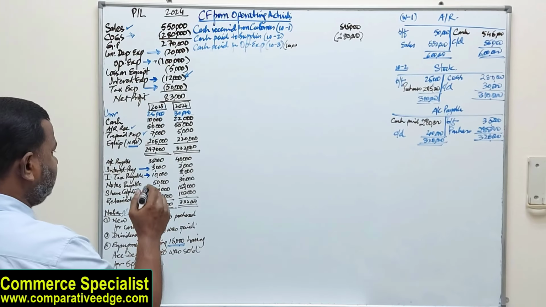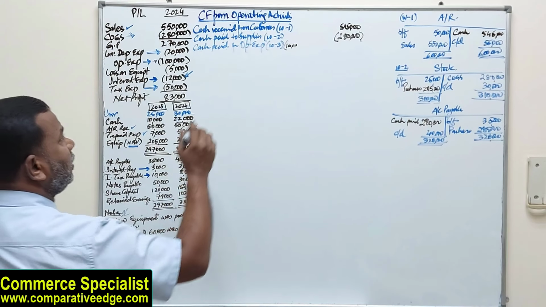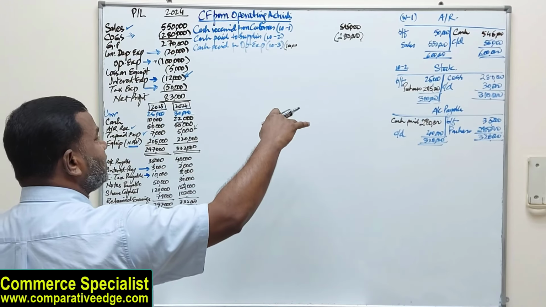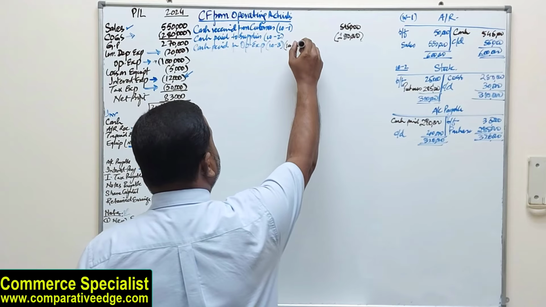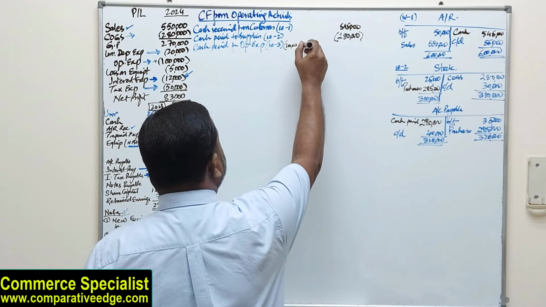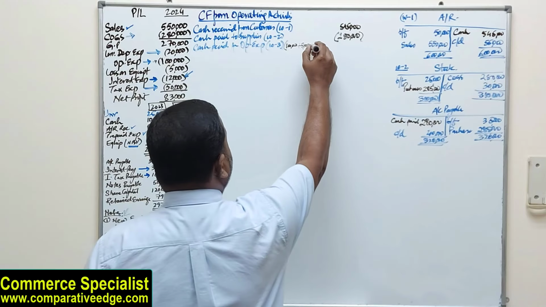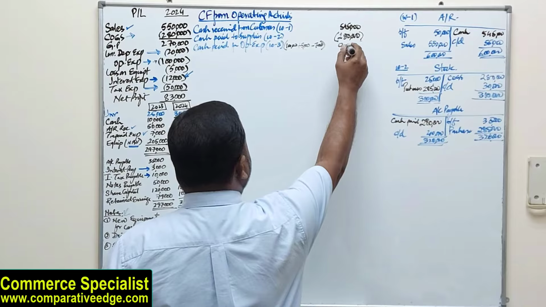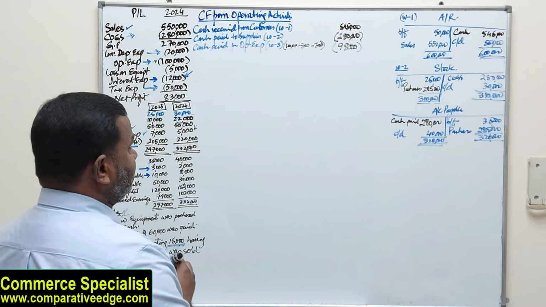And you have a prepaid here, closing prepaid. Generally we minus closing prepaid to get the expense for the year. But here we are trying to calculate cash balance. So you add the closing prepaid and minus the opening, which is 7,000. So you will get cash paid for operating expenses as 98,000.